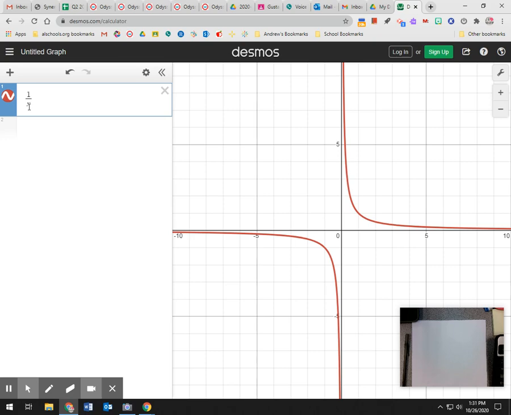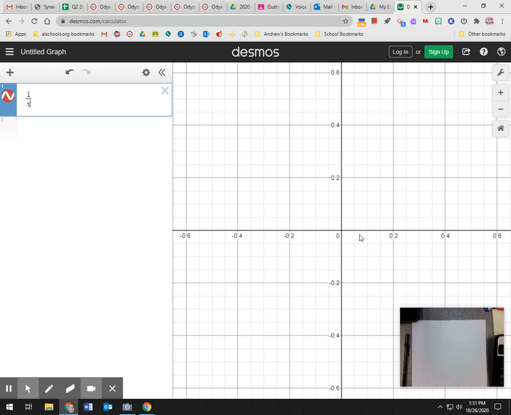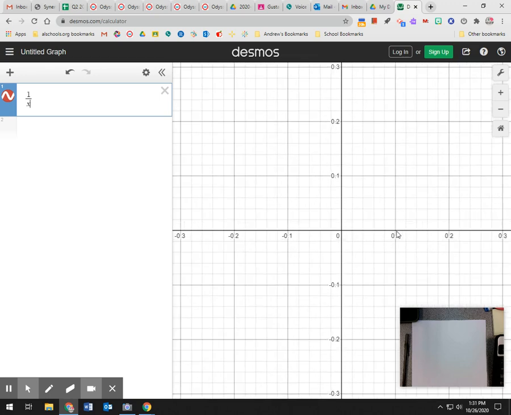It's undefined. And as you zoom in on x, as x gets super duper small, 1 divided by 0.1 is a big number. 1 divided by 0.000001 is an even bigger number.